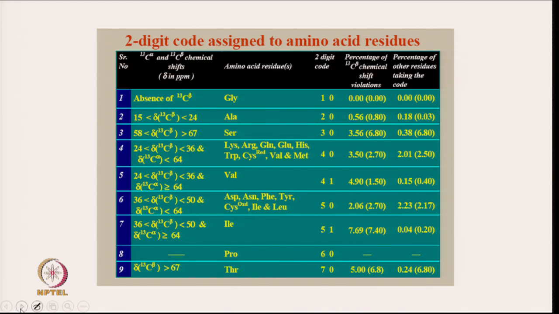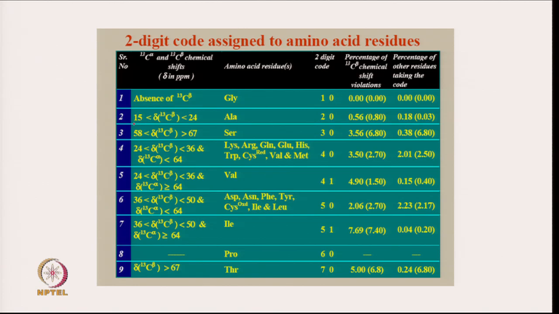And based on your 13C alpha and 13C beta chemical shifts, you can also assign which amino acid the peak may belong to, and that is going to help you when you are assigning the peaks from HNCA or HNCO experiments.